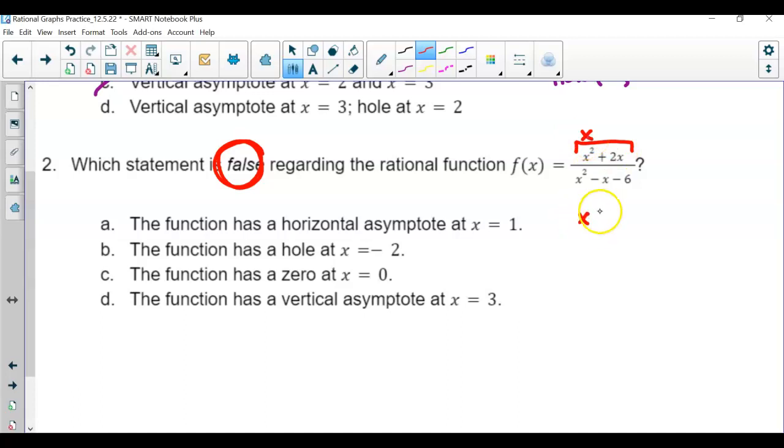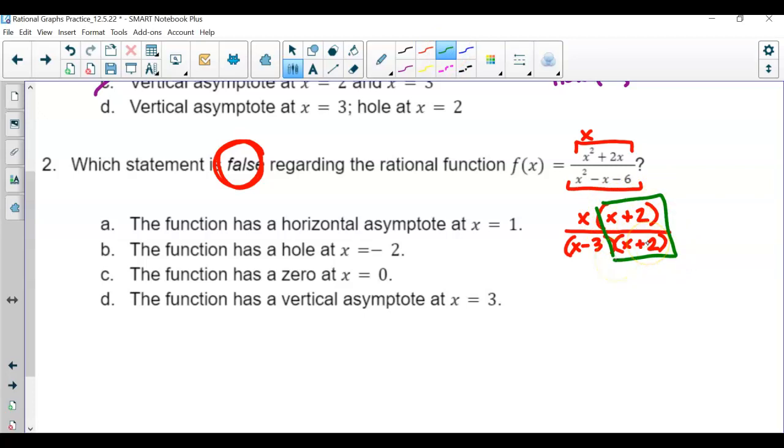So taking one x out, I'm now left with x plus 2. Then over our trinomial here, what factors multiply to get -6 and add to get -1? -3 and +2. So as I go through and cancel out, well, I notice I do have a hole.